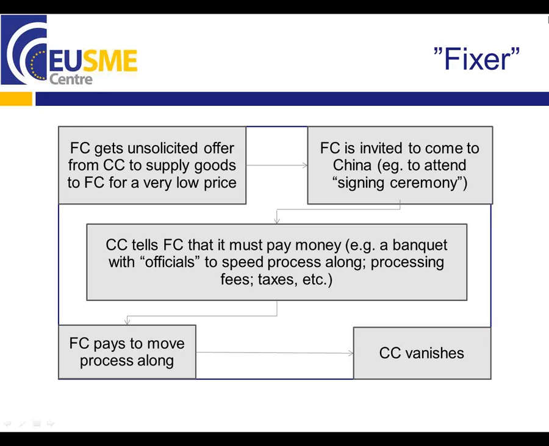You arrive in China, you participate in expensive banquets, you pay for processing fees, administration, taxes, and so on. And at the end of the day, business is not concluded, and the Chinese company vanishes.